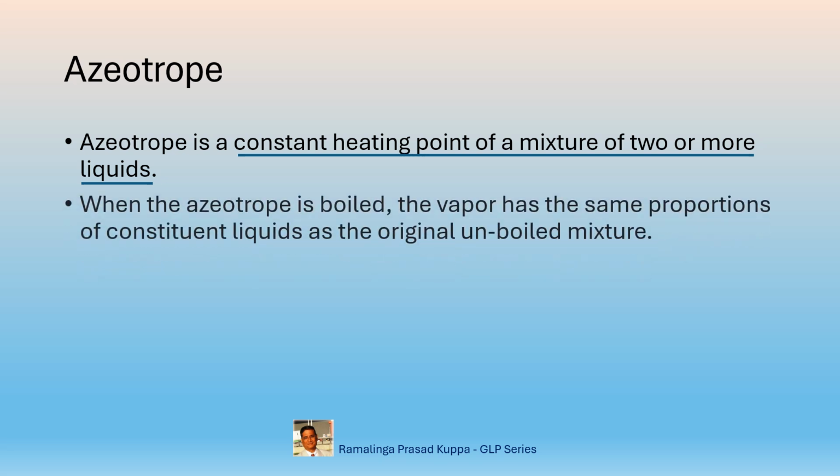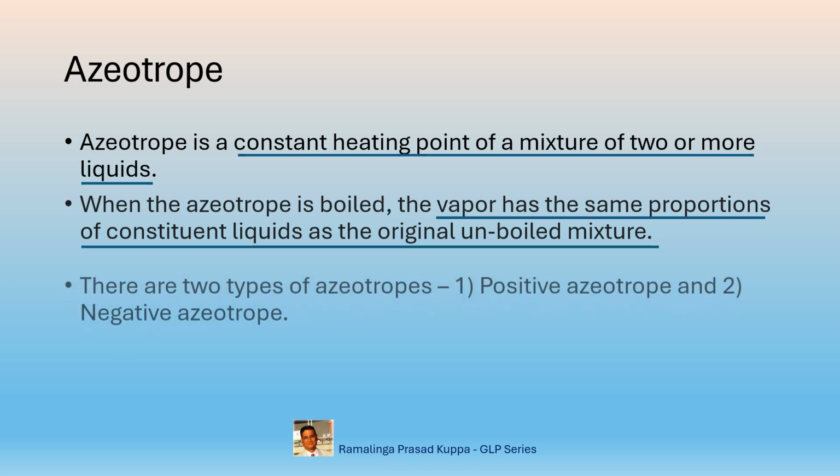When the azeotrope is boiled, the vapor has the same proportions of constituent liquids as the original unboiled mixture. In an azeotrope, you get a constant ratio of two liquids which can be distilled out at a different temperature than the individual temperature of each component.